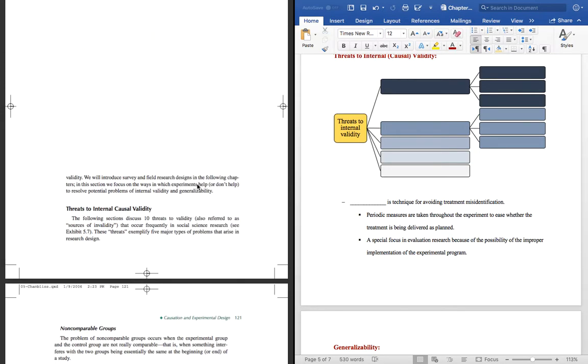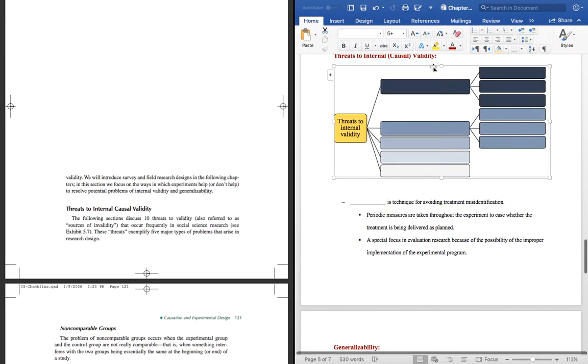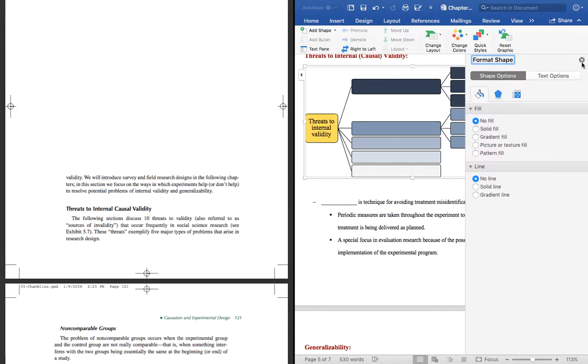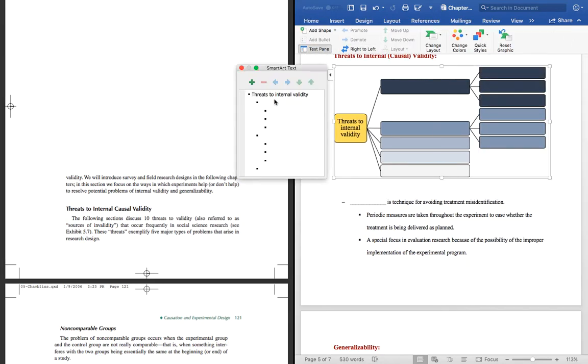The threats, I'm just going to complete this diagram here. So the first threat is non-comparable groups. This is the section where I'm not going to go through in detail. There are many good examples in the article that explains all of these threats very clearly.